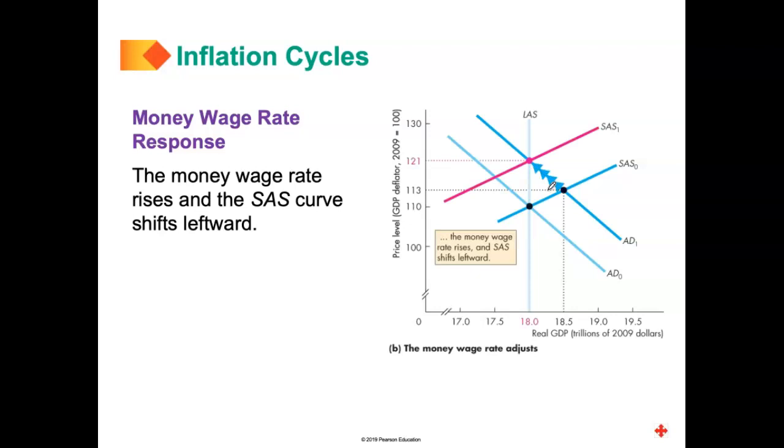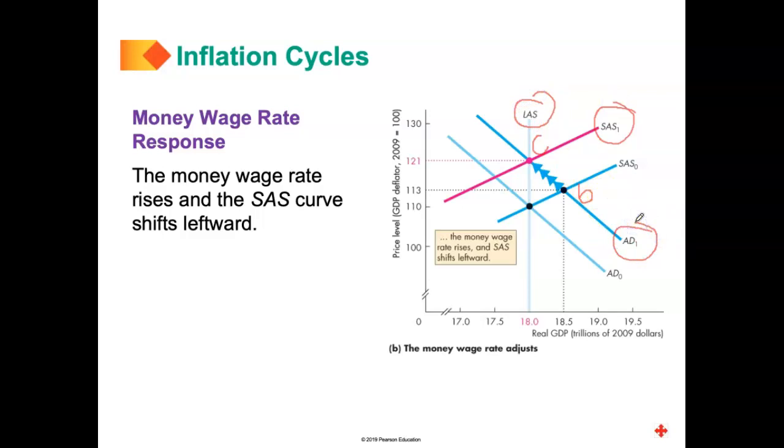When the short-run aggregate supply curve decreases, it will shift to the left, to the point where you have the long run aggregate supply curve. So you move from point B to point C, where you have the intersection of the new short run aggregate supply curve, the old long run aggregate supply curve, and the new aggregate demand curve.